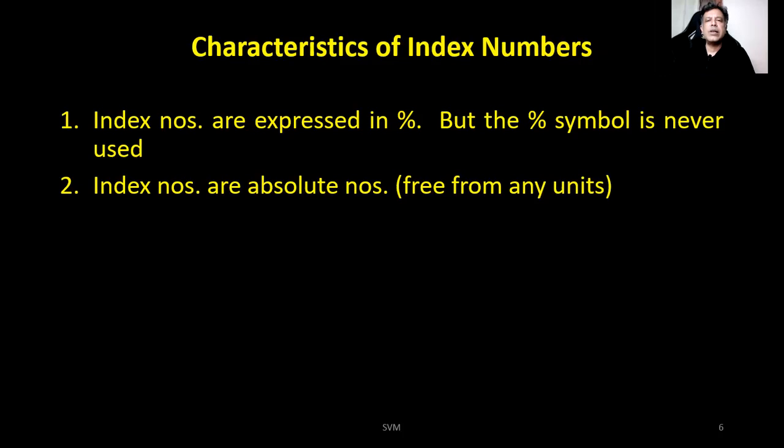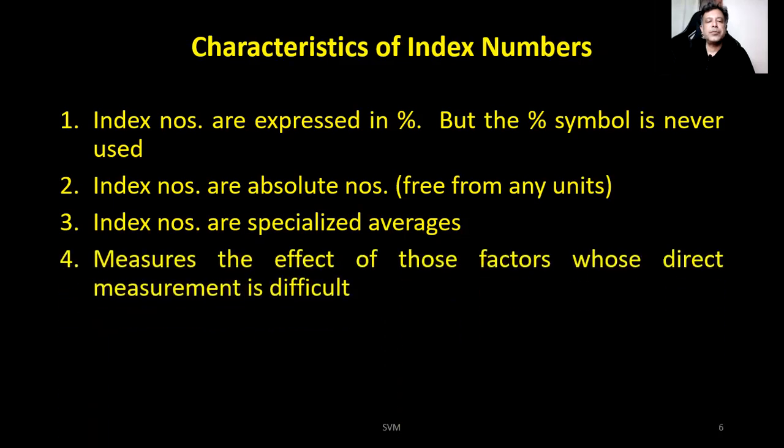Those commodity prices are compared with the same commodities during some previous year, called the base year. One commodity may be in kg, one may be in liters, etc. But still we can calculate the index numbers, as they are expressed in absolute numbers free from any units. They are a specialized average because they are free from any units.